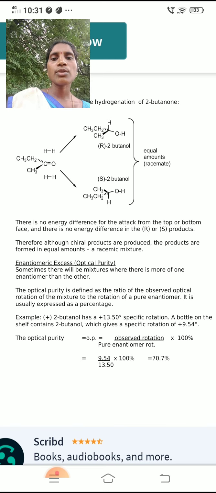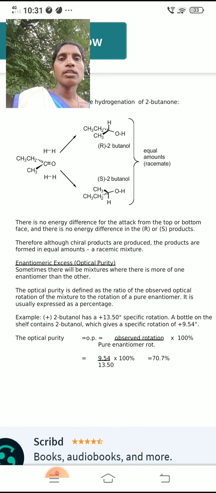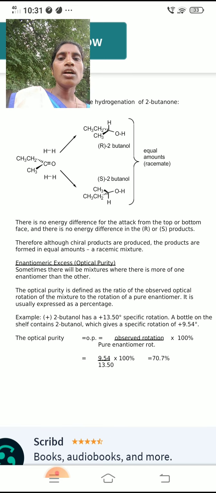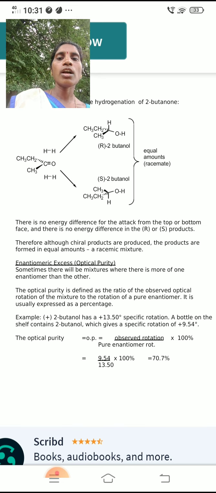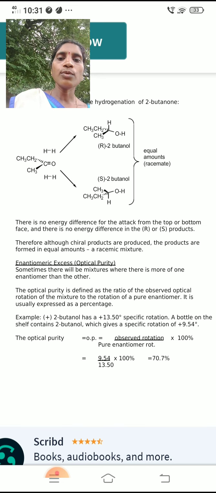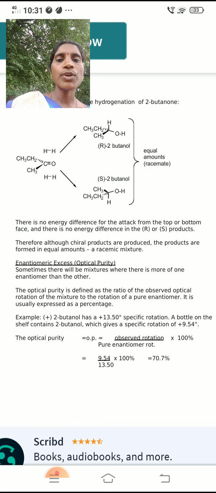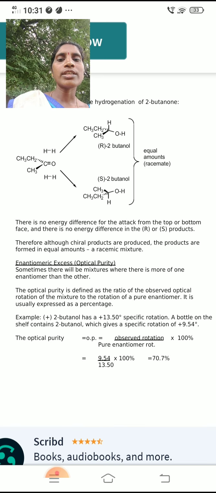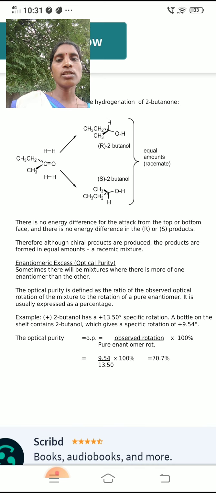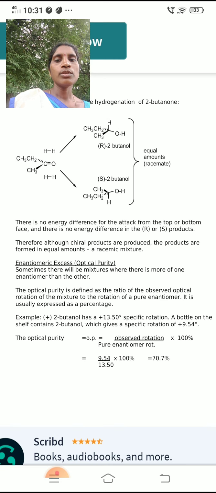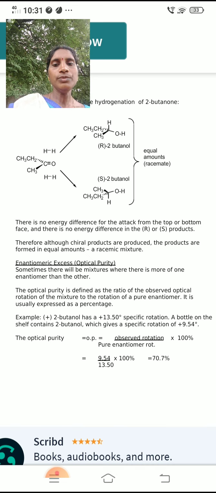These two enantiomers are formed in equal amounts, but one enantiomer is dextro and the other is levo. So 50% of the plus isomer and 50% of the minus isomer. That's why the net optical rotation of the 2-butanol product is zero, optically inactive. So this is a racemic mixture of 2-butanol.